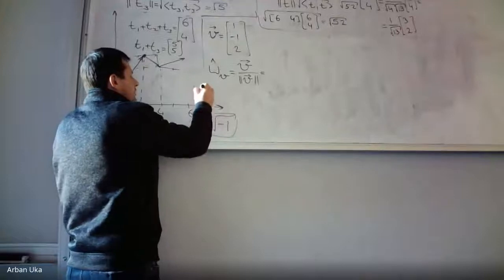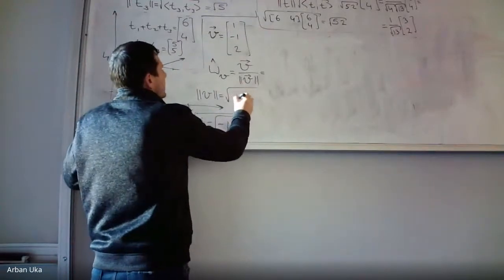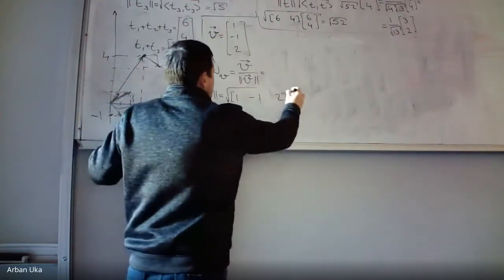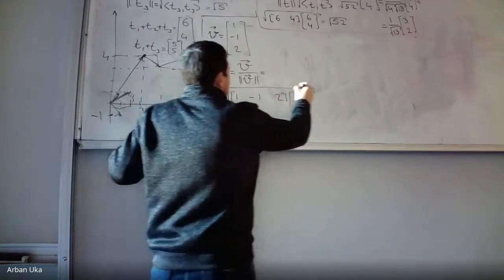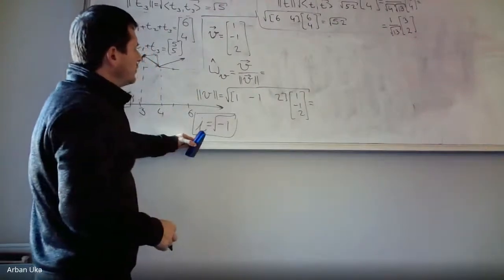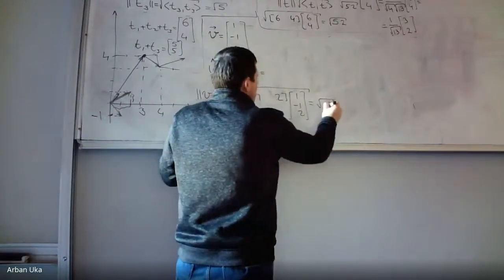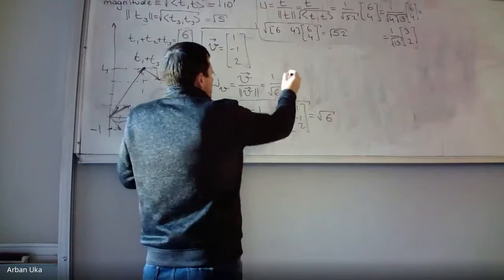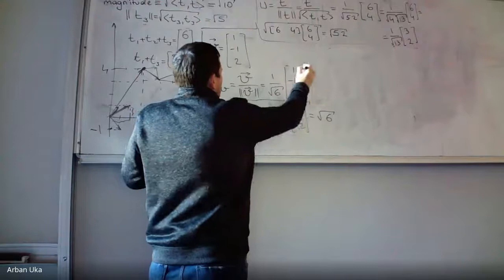It is the square root of (1, -1, 2) multiplied with (1, -1, 2), which is 1 times 1, plus 1, plus 4, which is 6. So this is the square root of 6. Then this is 1 over the square root of 6 multiplied with (1, -1, 2).